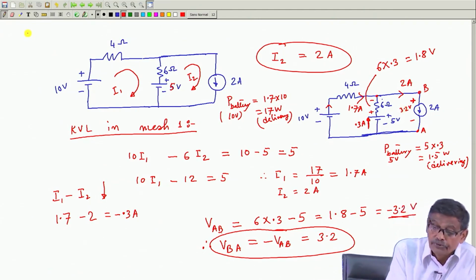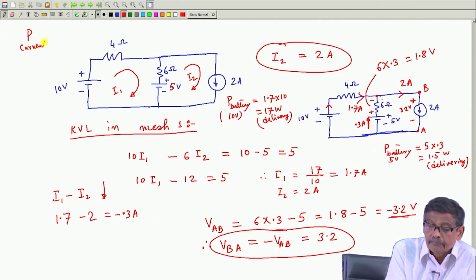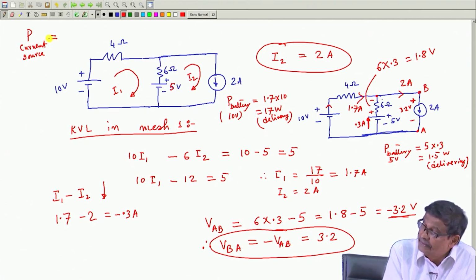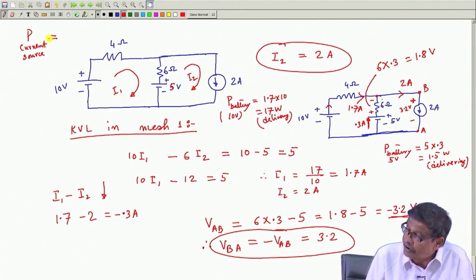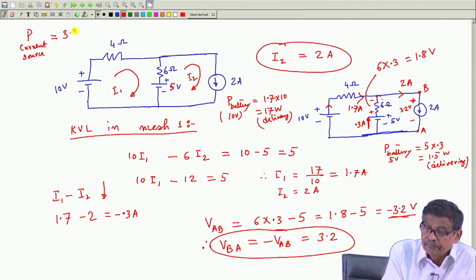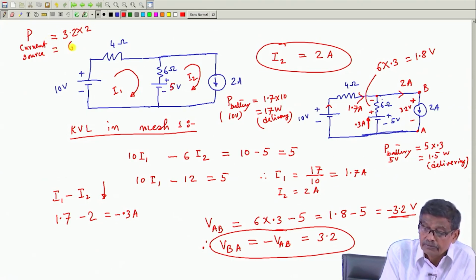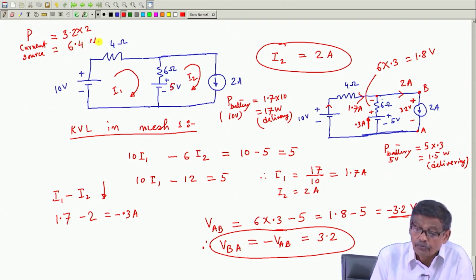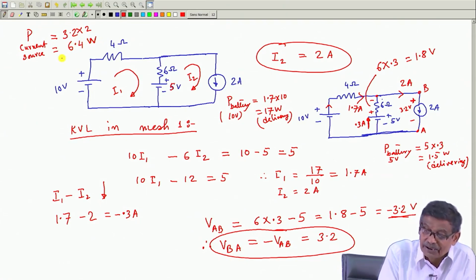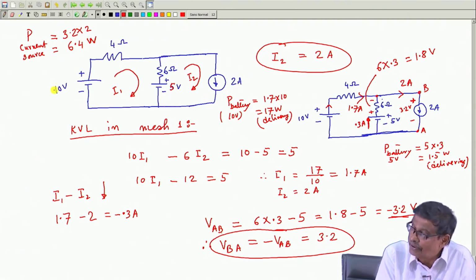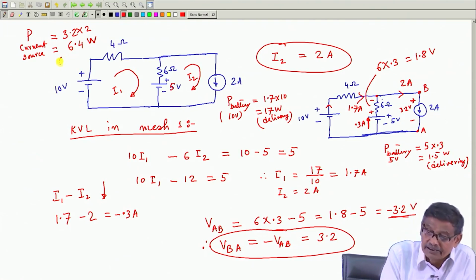Therefore, P current source is handling power. How much is it? Voltage into current. Voltage is this and current is this. So, this will be equal to 6.4 watt, it is not 6.4 watt, but I must write something. Is it absorbing power or delivering power? I must write it is absorbing.